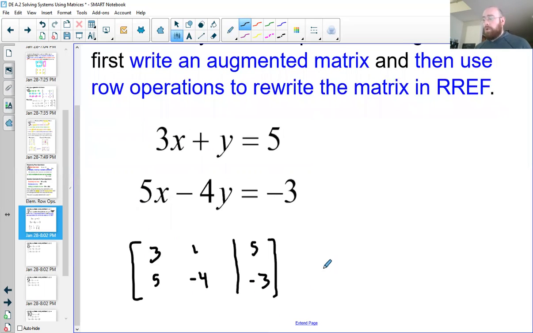And our goal is to get a matrix where you have 1, 0, 0, 1. This is that reduced row echelon form that we want. And on the right side, we'll have some number that represents our x value and some number that represents our y value. We don't know what those numbers are yet, but we will.